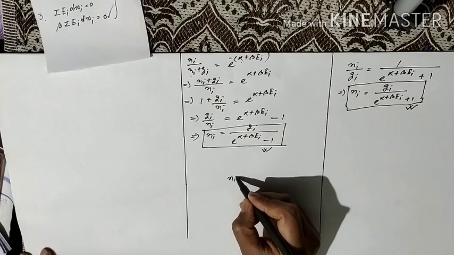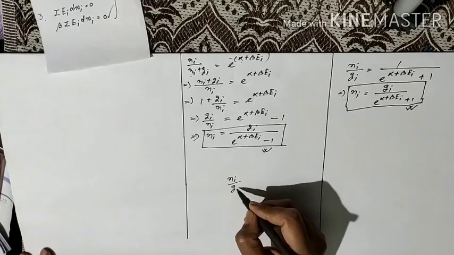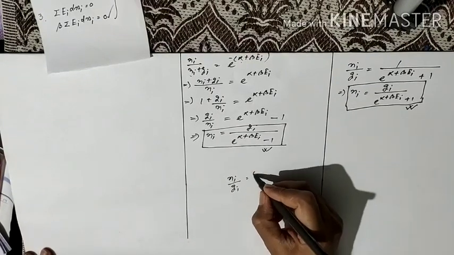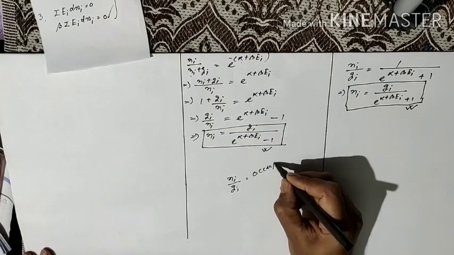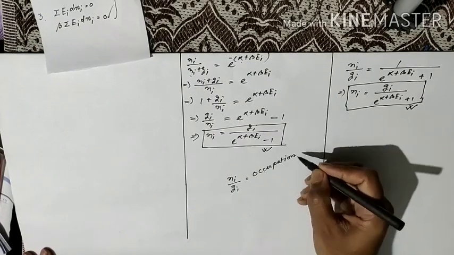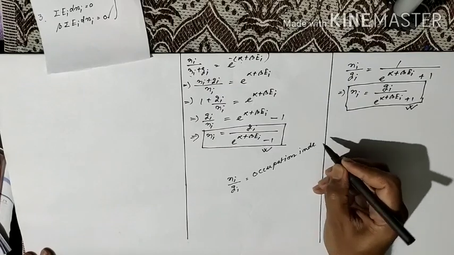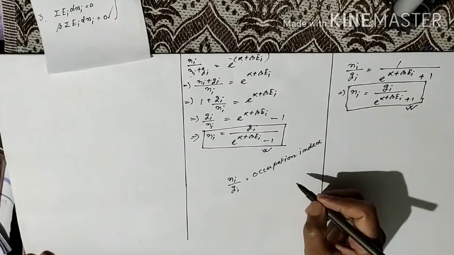In all these cases, this ni by gi has physical importance. This part is called the occupation index.